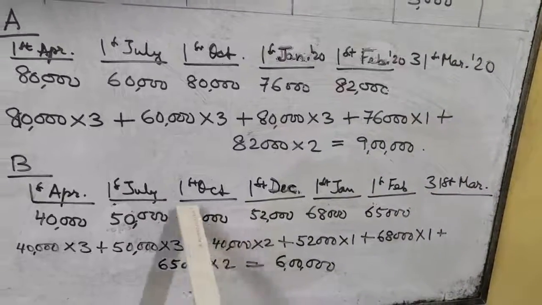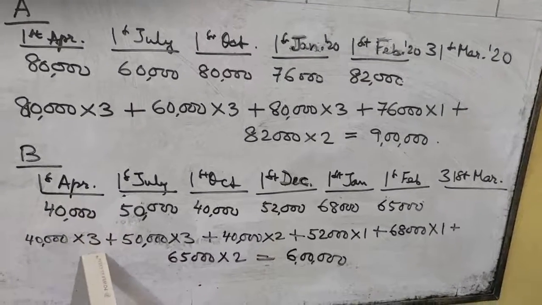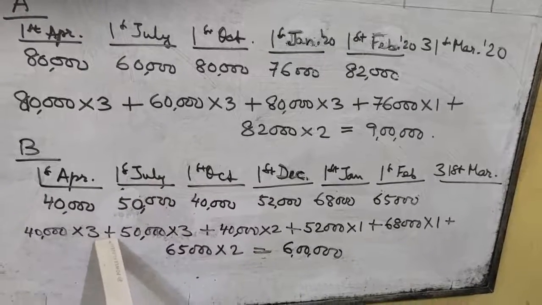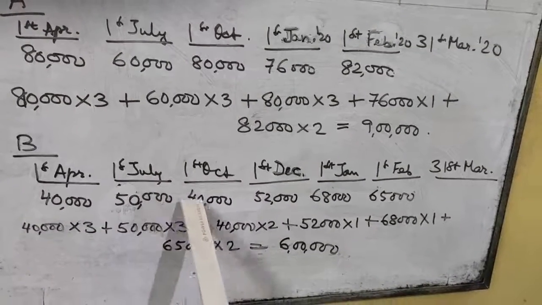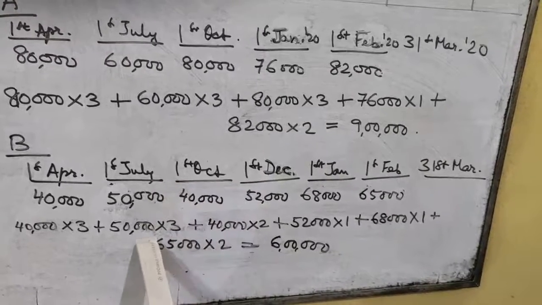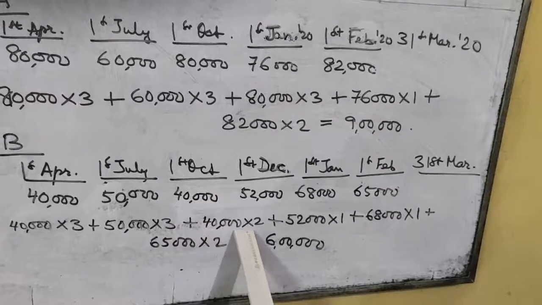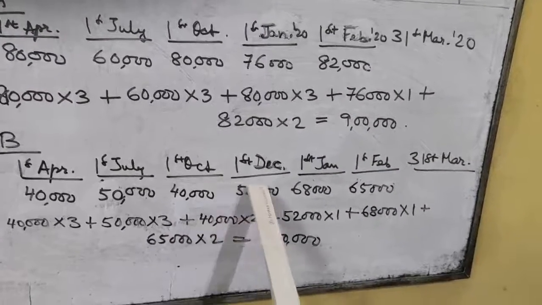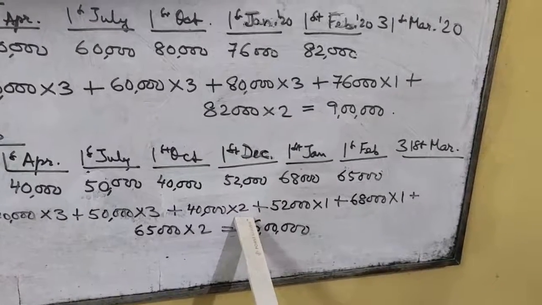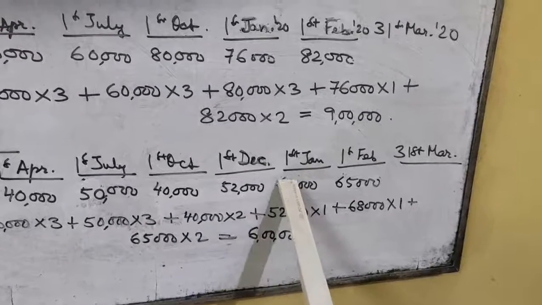So for B, the capital employed will be 40,000 for 3 months, from 1st April to 1st July. So 40,000 into 3. 50,000 for again 3 months, from 1st July to 1st October. So 50,000 into 3. Then 40,000 for 2 months, that is from 1st October to 1st of December. So 40,000 into 2. Then 52,000 for 1 month, from 1st December to 1st January.